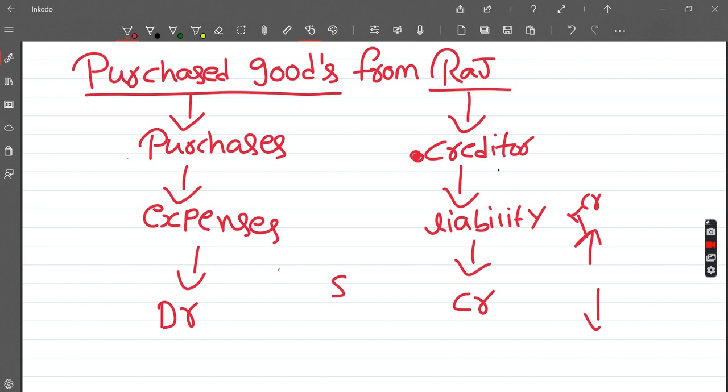Because of this purchase your creditor balance has increased to, let's say, 80,000, right? So your creditors are increasing from 50,000 to 80,000 because of this transaction. So liability is increasing. If it is increasing, we need to credit it, based on the rules of debits and credits. Okay.